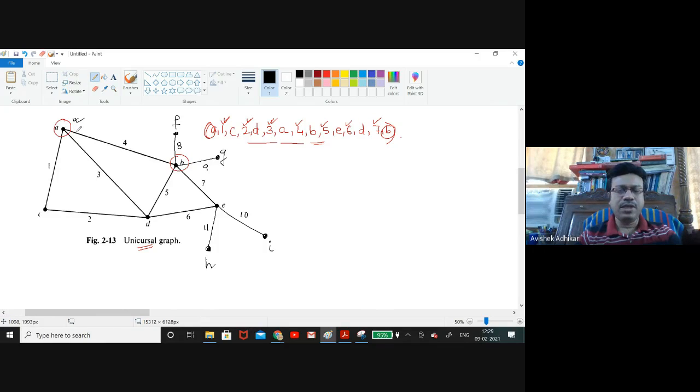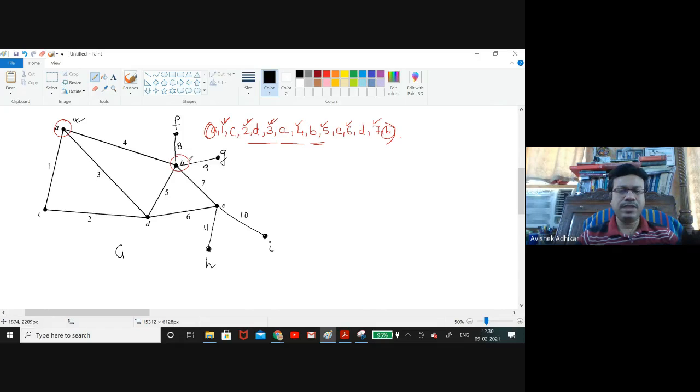But can we have a unicursal graph here? The first question: this was not the original graph. So now this is my graph having vertices up to I, and with maybe 11 edges.